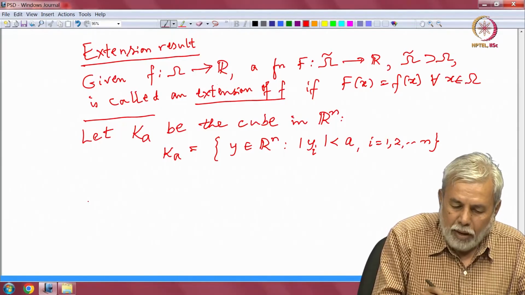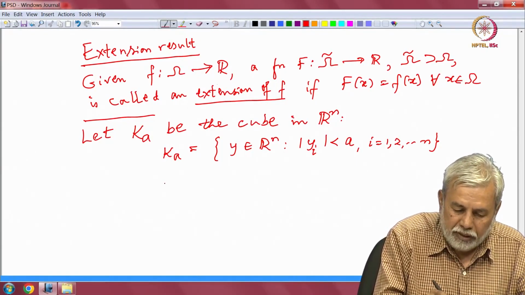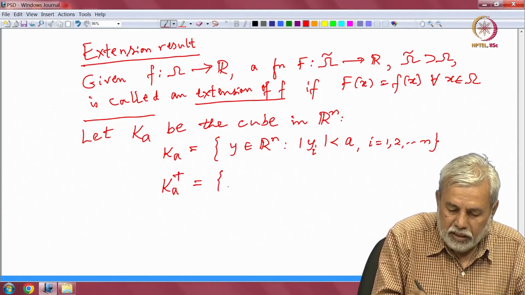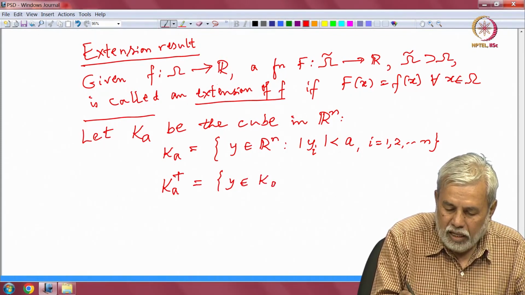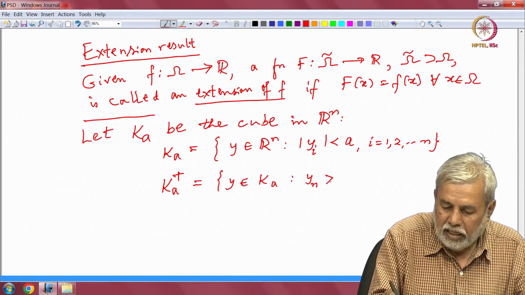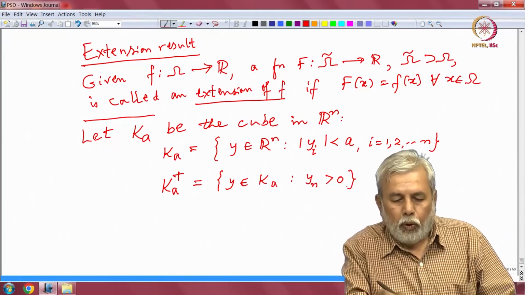The upper half cube is this one. Let K_a plus be the set of y in K_a with y_n greater than 0. For simplicity let us take this; any coordinate will do.